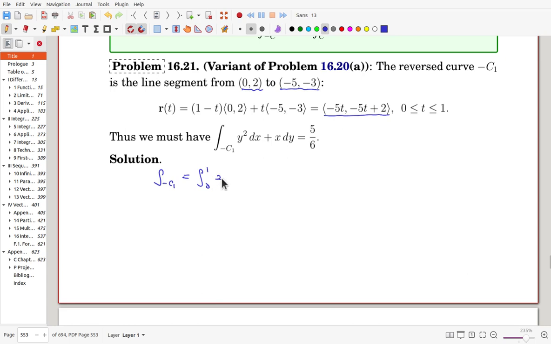This is 25 t squared, and x prime, which is minus 5, and dt, plus what is x? x is minus 5t plus 2. Oops, okay. I'm sorry for that one.